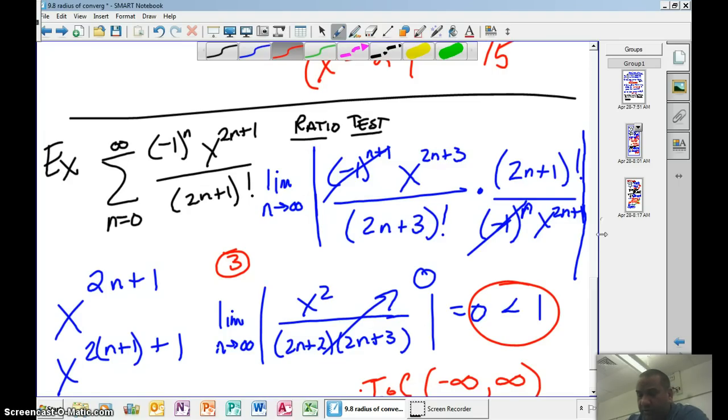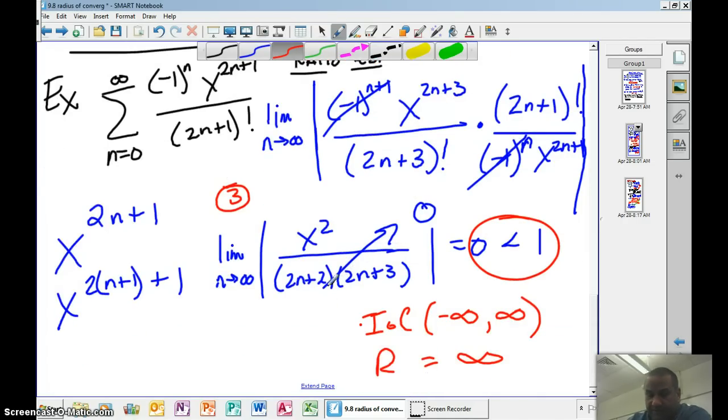So we can forget about the factorials, and we have x to the 2n plus 3 up top. We get x squared over 2n plus 2 times 2n plus 3. That guy's equal to 0. It's less than 1, which means it'll always be less than 1, which means the radius of convergence is infinity.